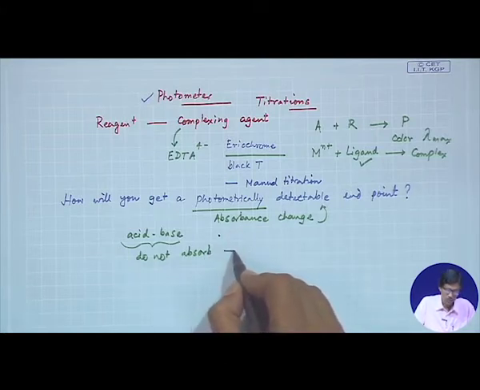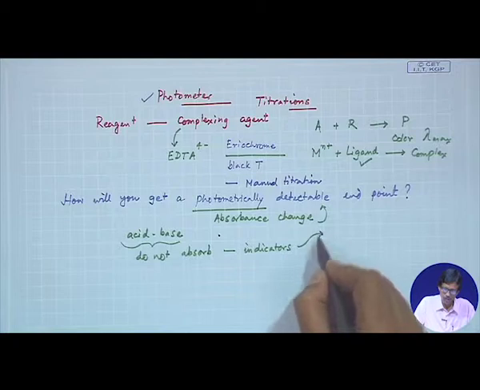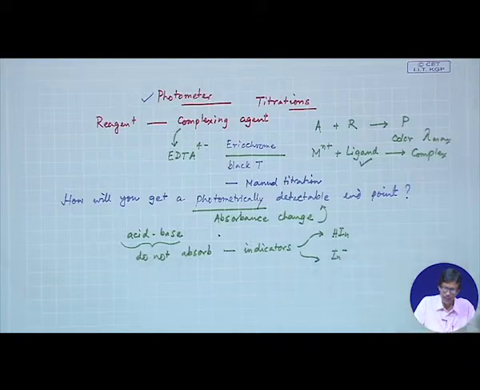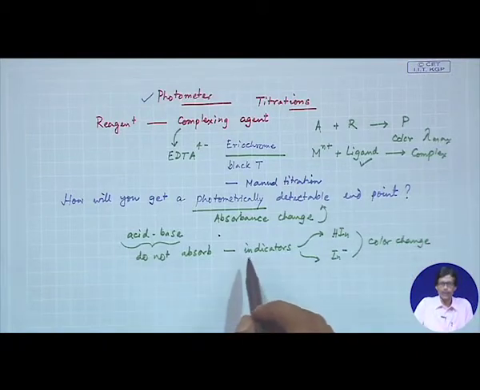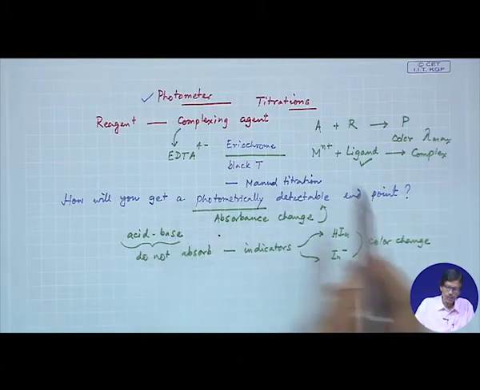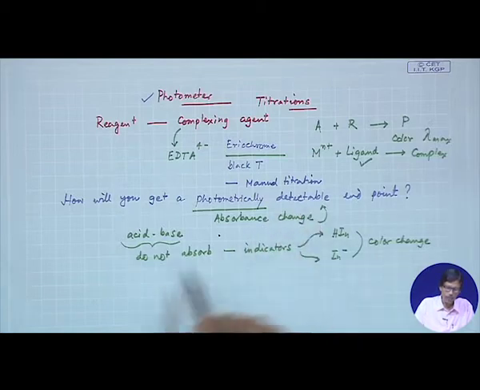So, we introduce indicators, of two forms, say HIn and In minus, and there will be a sudden color change. We can monitor that also by doing the photometric titration. So, we can detect the endpoint, which can be your photometric endpoint.